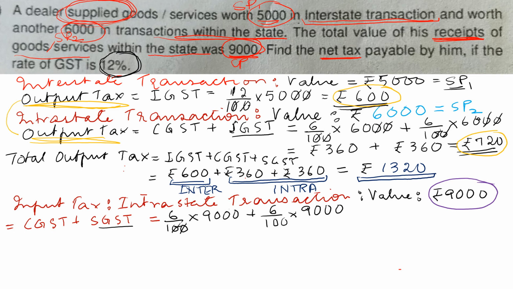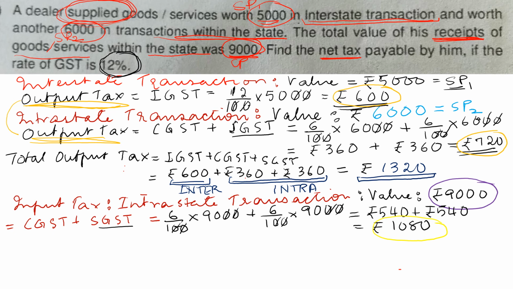Let's cancel the zeros and we should get 6 into 90, that is rupees 540 plus rupees 540. That comes out to be rupees 1080. What is this? This is your tax input.